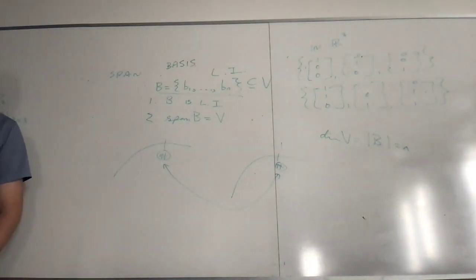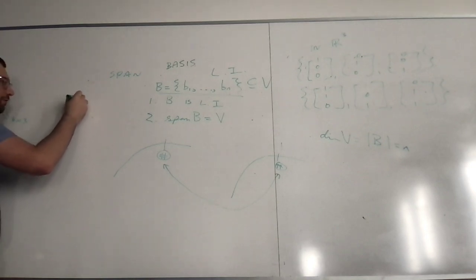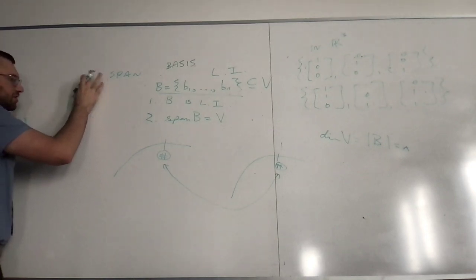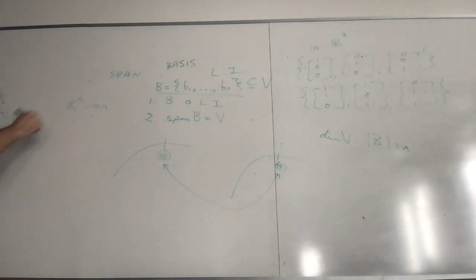Does that make sense? So if you're coming up with a basis, a quick check to make sure that you have a basis is to make sure that your basis has the right number of things. There are a couple of tricks to figure out dimensions. For Rn, the dimension is just n, whatever that exponent is.